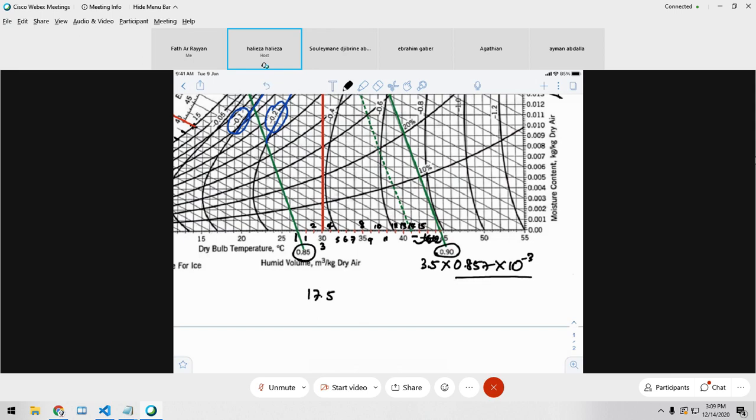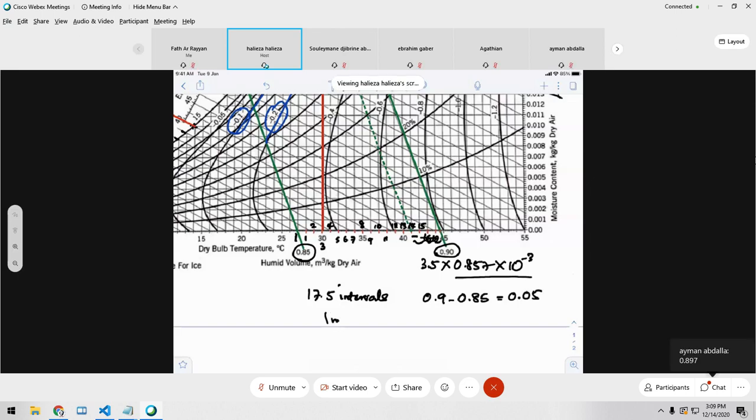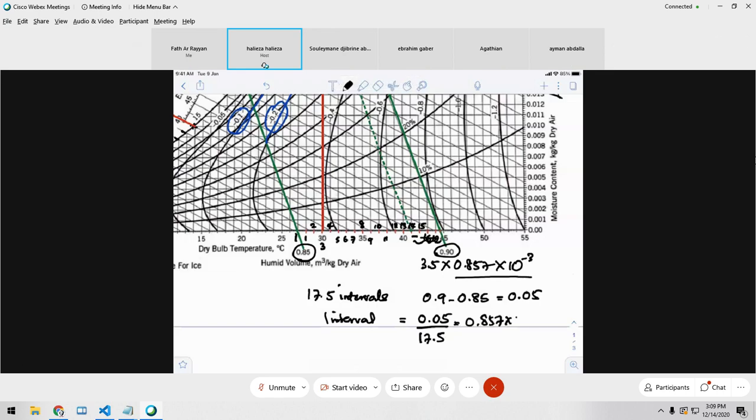So these are the intervals that we have for the difference of 0.09 minus 0.05 plus 0.05. So one interval is going to be 0.05 divided by 17.5. If you calculate that, you should get 0.857 times 10 to the power minus 3. Yeah, that is the value of that one interval.